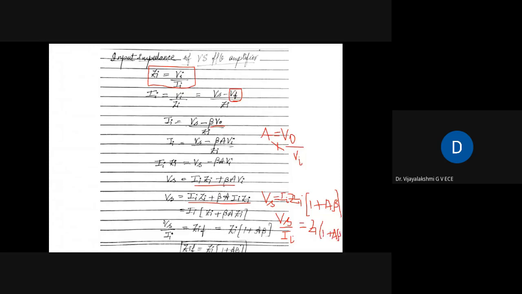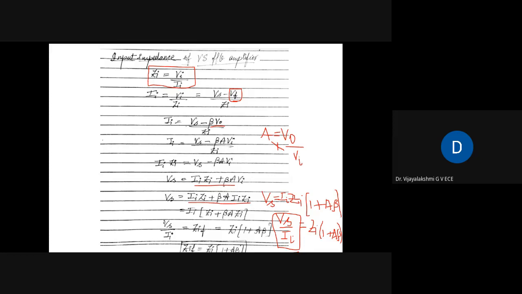So what is that I am getting here? Vs by Ii is equal to Zi into 1 plus A beta, where Vs by Ii is nothing but the input impedance with feedback. Vi by Ii is Zi, input impedance without feedback, whereas Vs by Ii is input impedance with feedback.